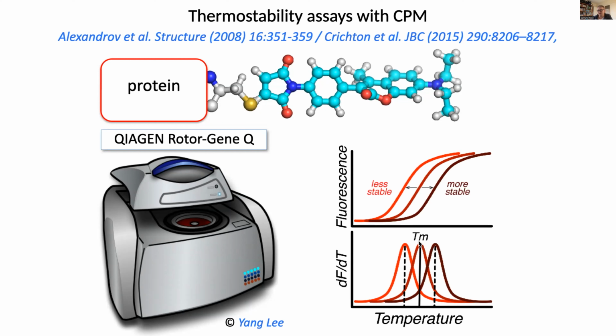And it's a great technique because if you change the conditions, for instance, you add something that makes the population more stable, you get a shift in the thermal stability, a shift towards the right. If you do something to destabilize it, it will shift to lower temperatures.